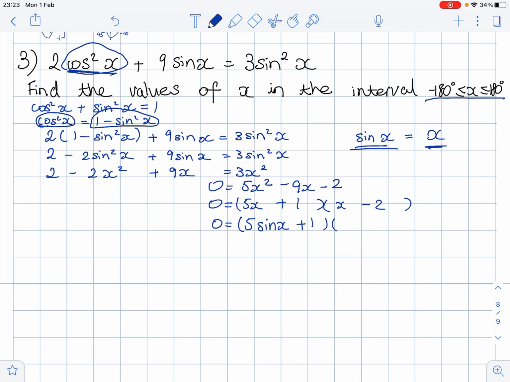You don't need to do this step, but I find it easy to factorize my equations by replacing sin x with x. If you can see it straight away, you don't actually need to replace your sin x with x, but I found if you do this, it looks easier to factorize. Then it's sin x minus 2. Again, set each bracket equal to 0 and find your principal values.